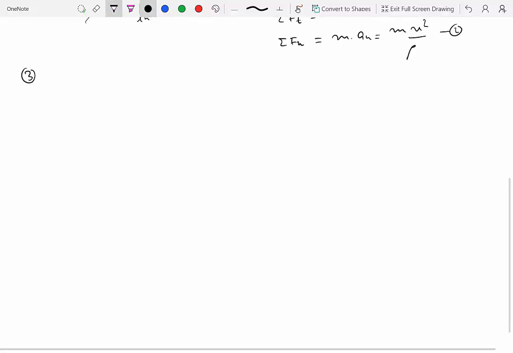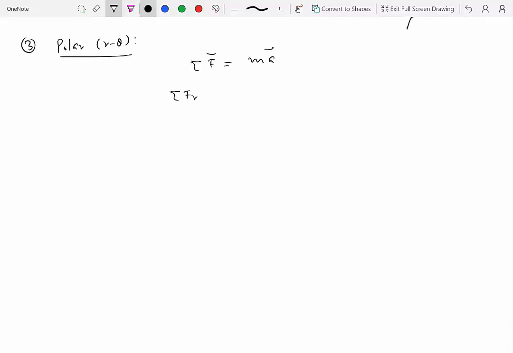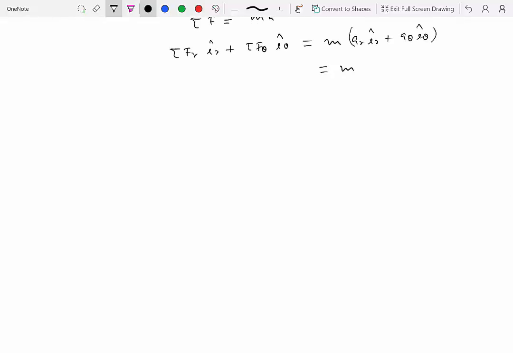The third one is the polar or r theta system. In this system again, we have sigma F equal to m times acceleration, and sigma F can be written as sigma Fr er hat plus sigma F theta e theta hat. So we're resolving the forces along radial and transverse direction, and the right hand side is m times ar er hat plus a theta e theta hat, which is equal to m ar er hat plus m a theta e theta hat.